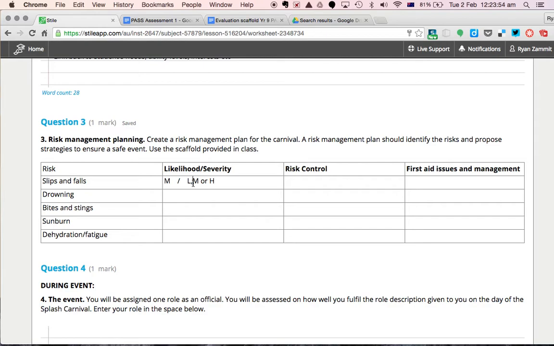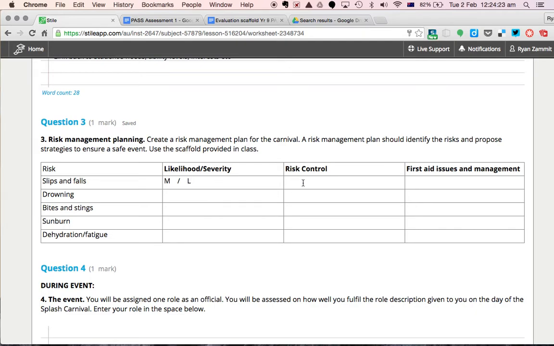With severity, I would think most likely someone would slip and maybe graze themselves around the pool. So I would say the severity is pretty low. If someone grazes themselves, it's not a life-threatening injury. It could be serious, but if we explain the rules correctly, then it's probably medium likelihood, and severity is probably quite low.